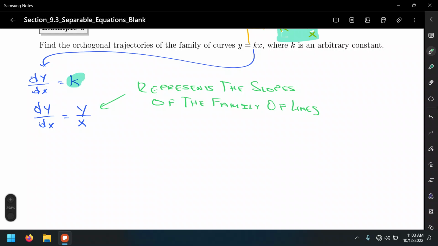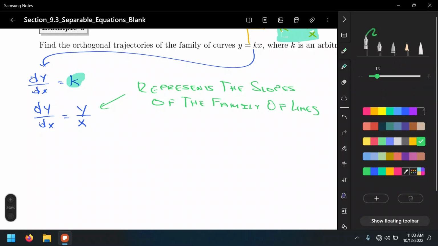Well, so we need to find the family of orthogonal trajectories. So what are we going to do? We're going to do the orthogonalization process, or orthogonalize.